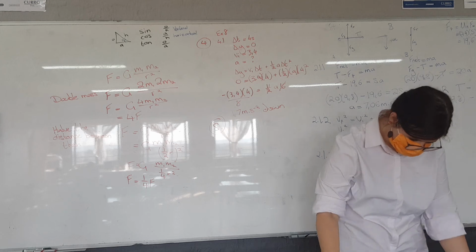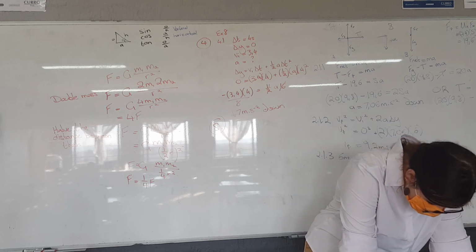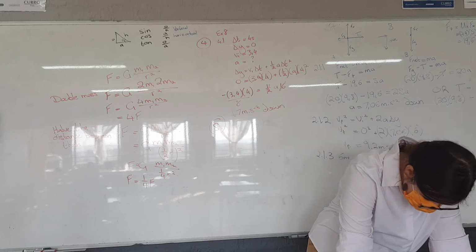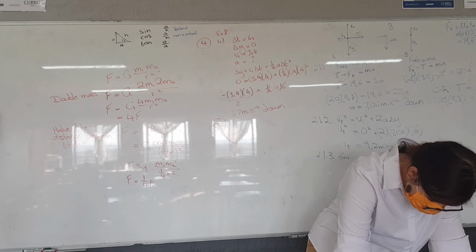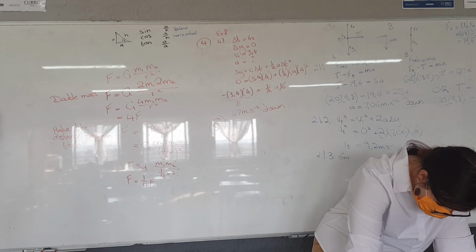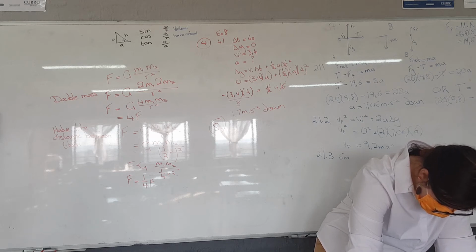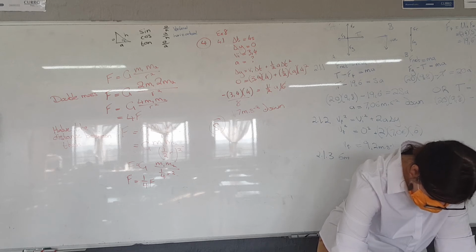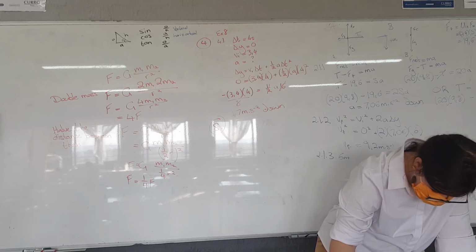The mass of the satellite is 8.2 times 10 to the 4, and the mass of the Earth is 6 times 10 to the 26. The radius of the Earth is 6.4 times 10 to the 6. Calculate the force of the Earth on the satellite.